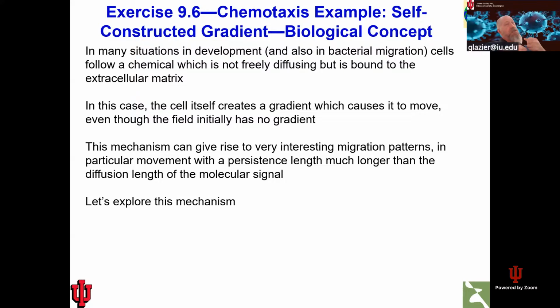The cells secrete vascular endothelial growth factor, and it has a heparin binding domain. It immediately binds to the extracellular matrix. In this case, the gradient is created because when the cell measures the chemical, it destroys it. Consuming. Right. So it's sort of funny to think that digging a hole will cause you to move, but that's what happens.